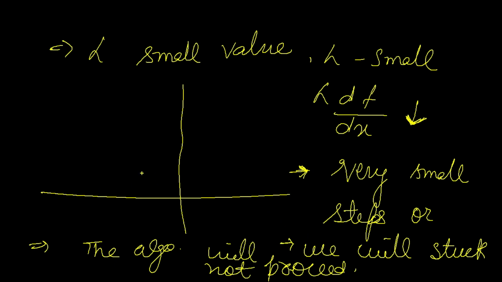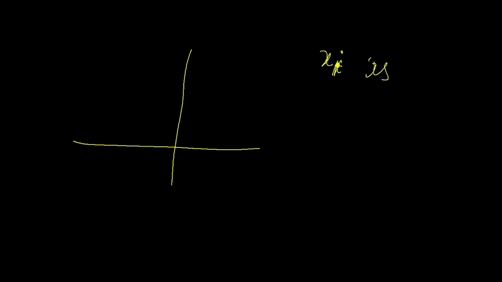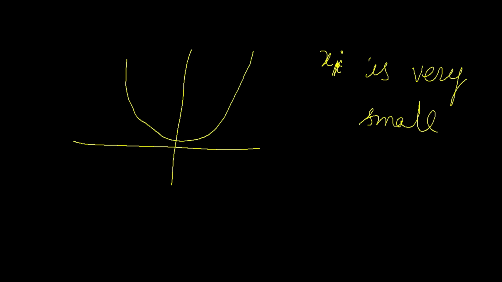Let's see how the steps become small. When lambda is small, the change in xi is very small. So if this is x naught, there is a little change, and this will be x1, and then it is a small difference.